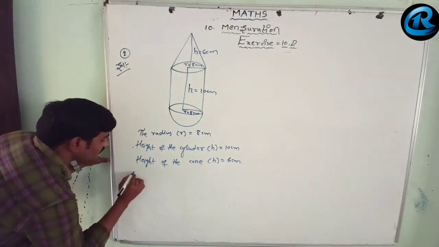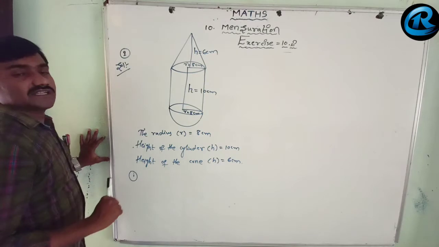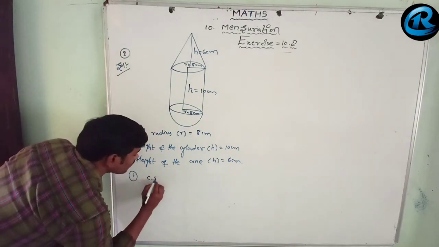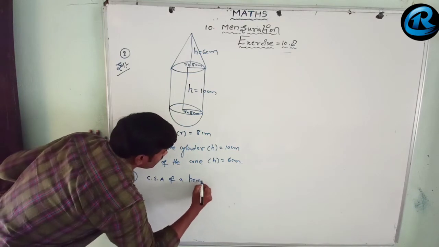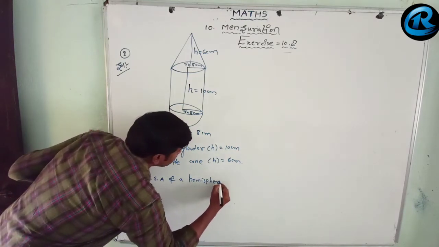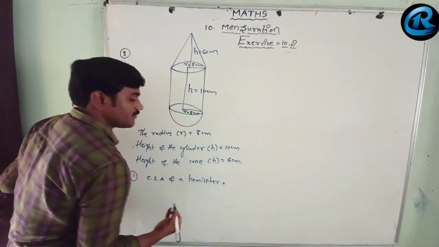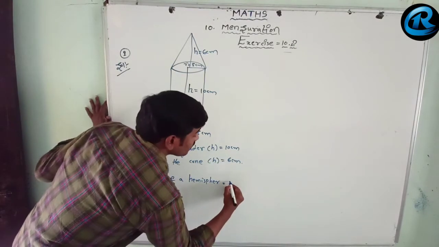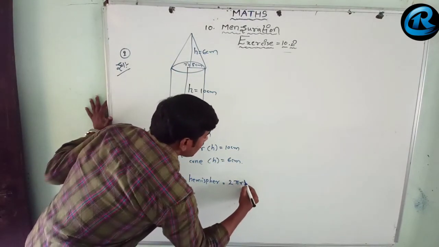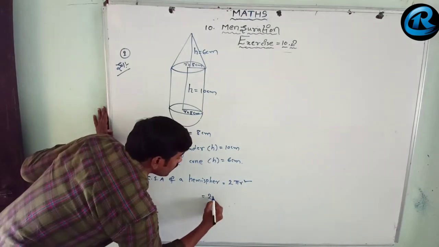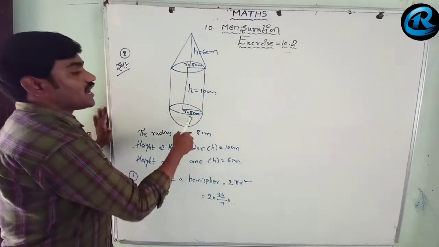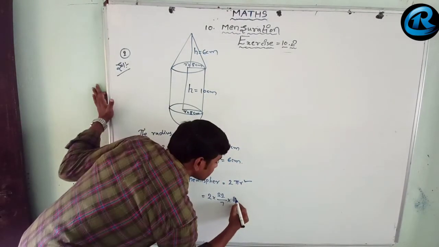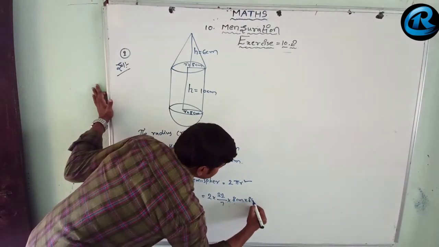Let us find the first one, the curved surface area of the hemisphere. The formula is 2 pi r square, where 2 into pi value 22 by 7 into r square. r is 8 centimeter, so 8 centimeter into 8 centimeter.